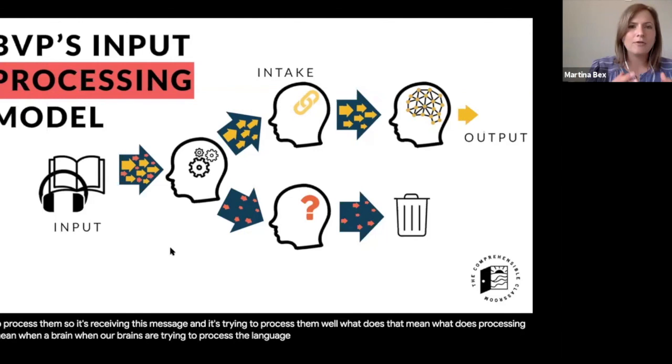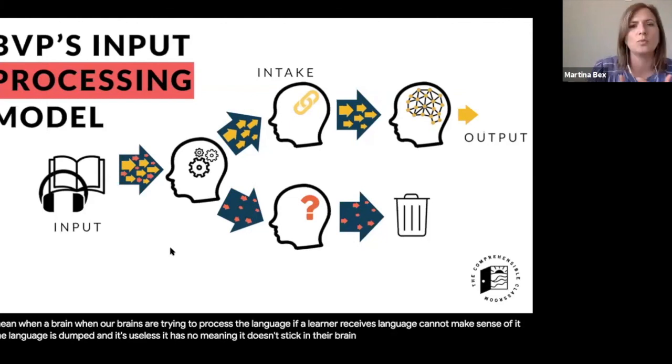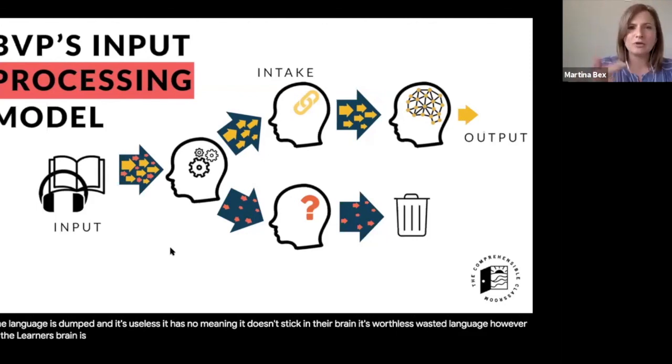Those are your little reddish orange arrows. If a learner receives language and cannot make sense of it, the language is dumped and it's useless. It has no meaning. It doesn't stick in their brain. It's worthless, wasted language. However, if the learner's brain is able to attach meaning to the forms contained within the language, that language is received as intake.